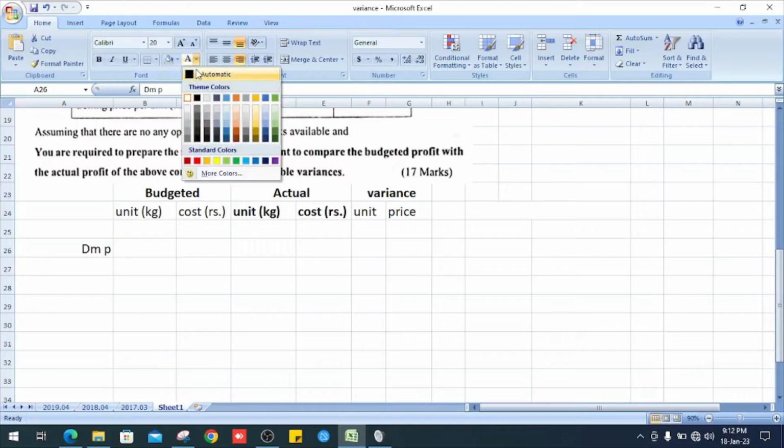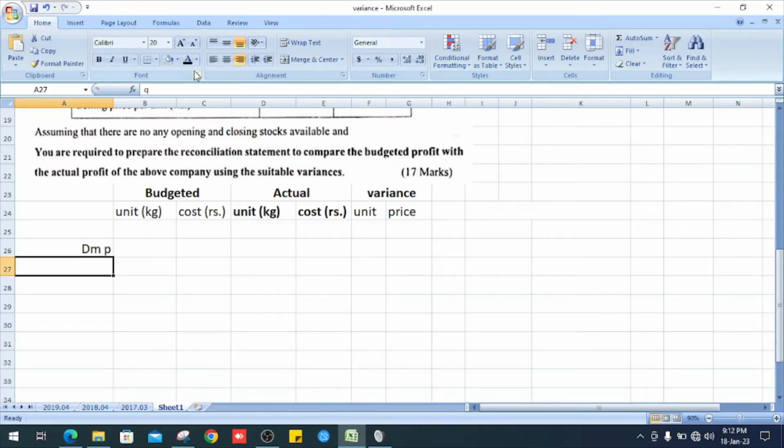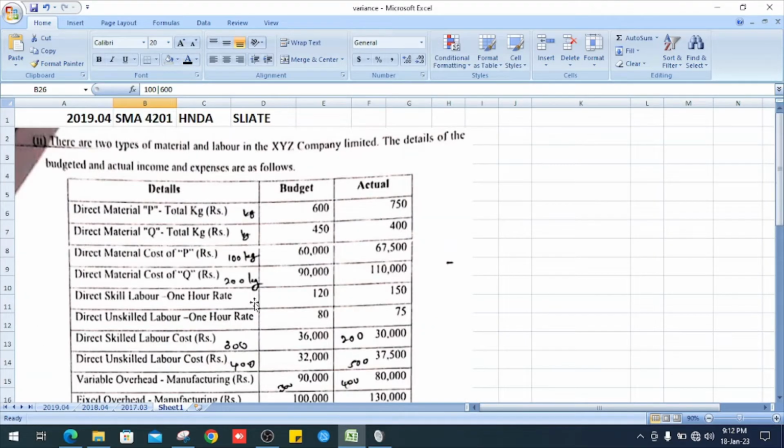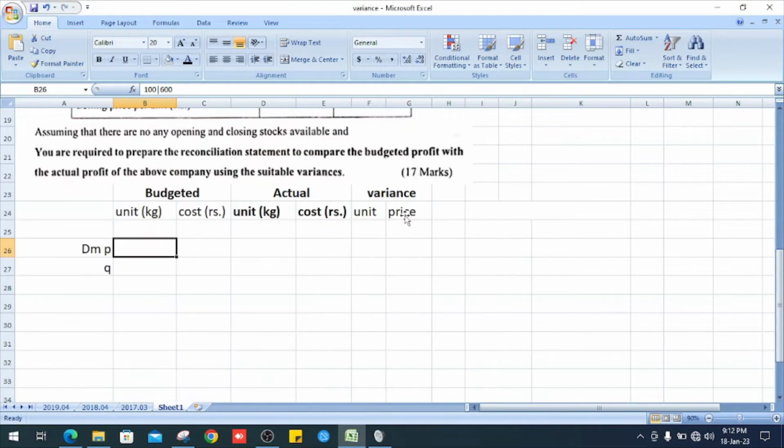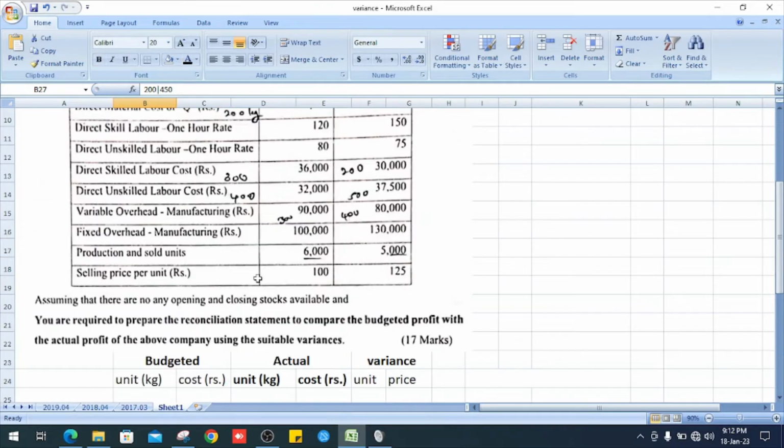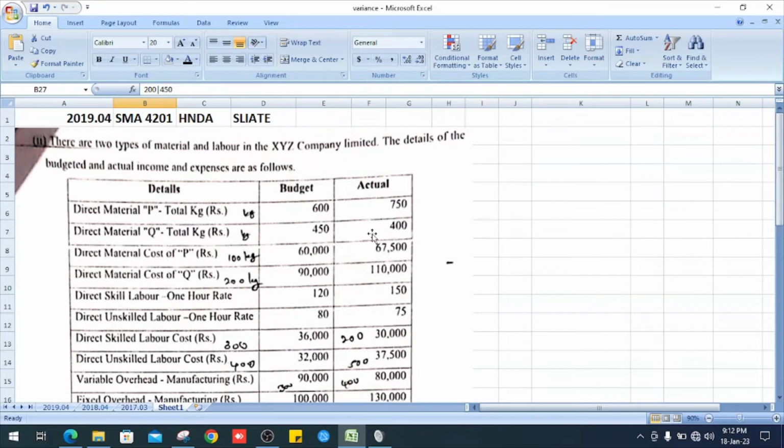Direct material P units are 600 budgeted and 750 actual. In Q it is 450 and 400.